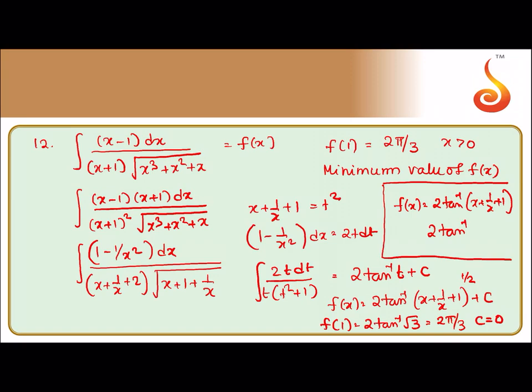So immediately for minimum value you will try to differentiate. It's not required. x plus 1 by x minimum value is 2. So you get 2 tan inverse root 3, of course 1 by 2. So this 2 pi by 3 is the minimum value, because x plus 1 by x minimum value is 2 whenever x is greater than 0. That's why they gave x is greater than 0.